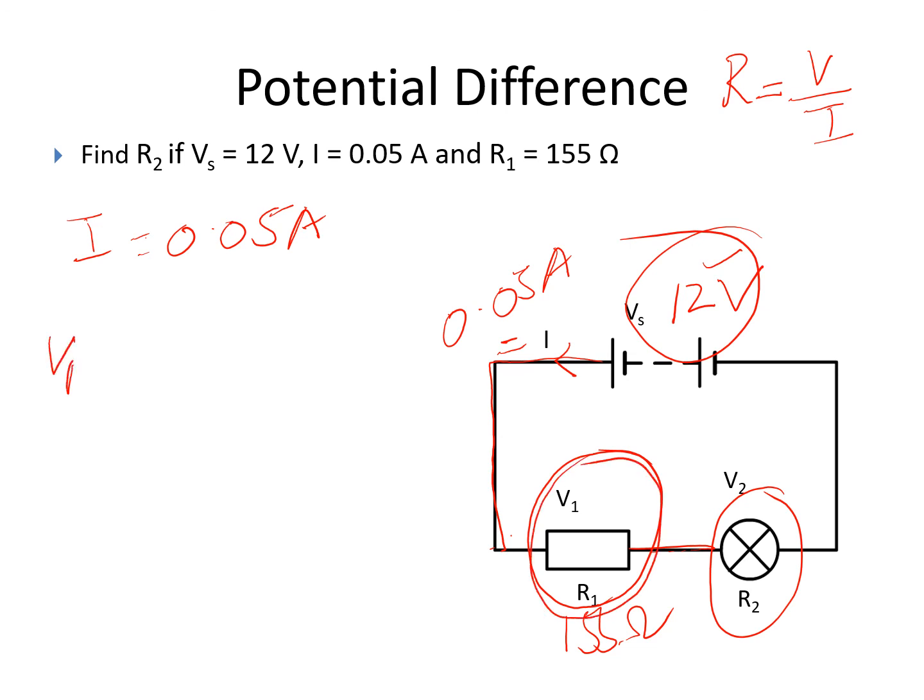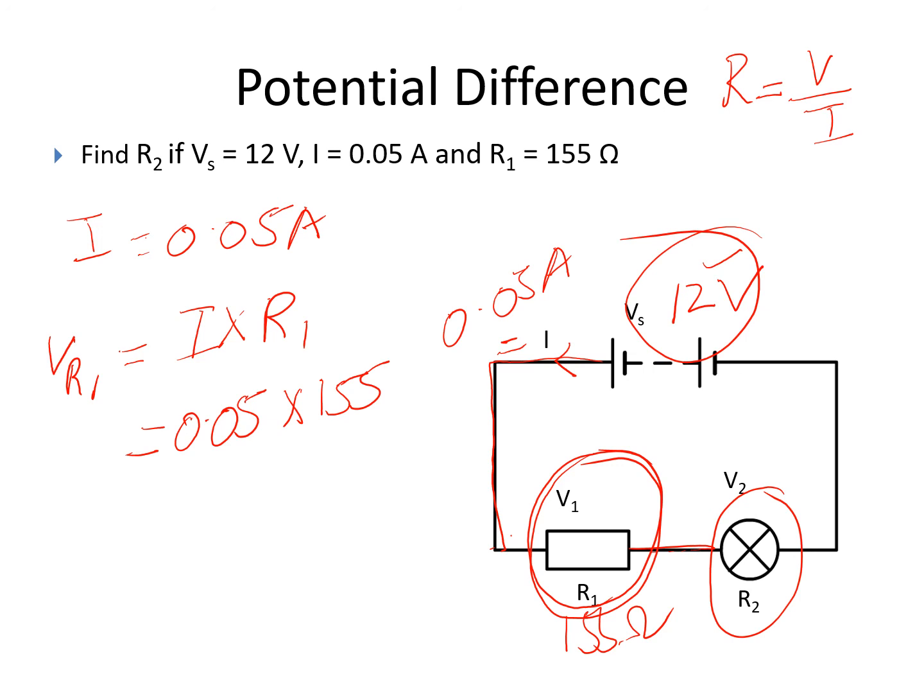The voltage across R1, as per our Ohm's law, is the current flowing through R1 times the resistance of R1. The current flowing through R1 is 0.05 amps and the resistance is 155. So what is 0.05 times 155?